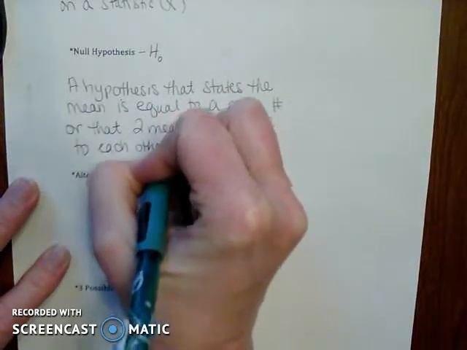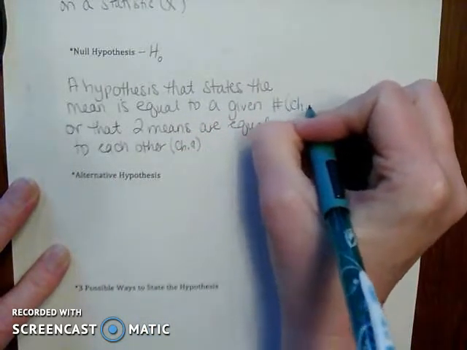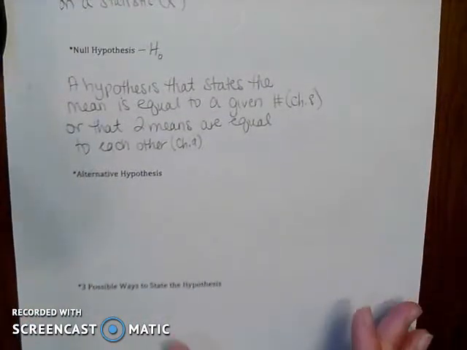And that part will be in chapter 9. This one is in chapter 8. So in chapter 8, we're going to compare the mean to a given number, and in chapter 9, we're going to compare two means to each other.